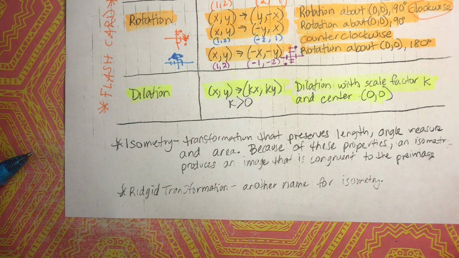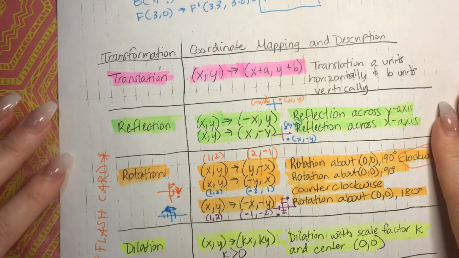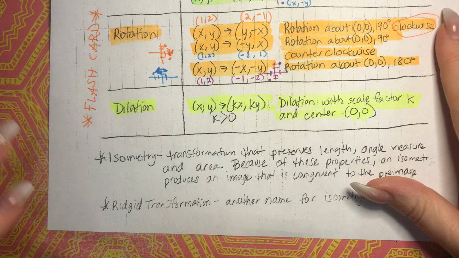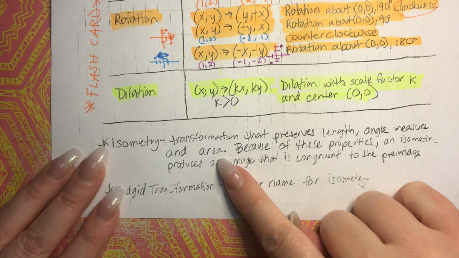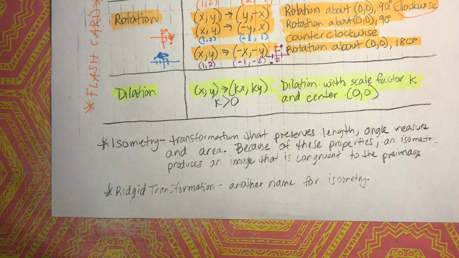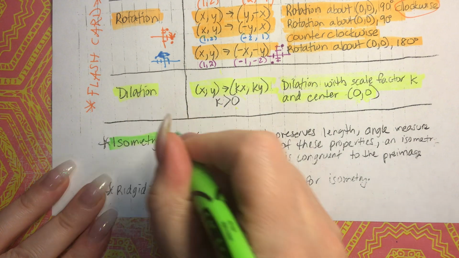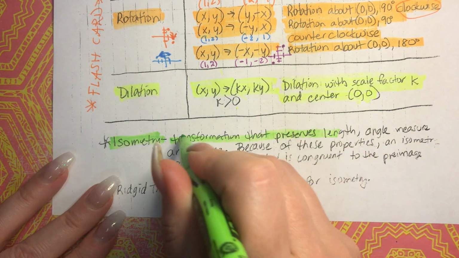So, more vocabulary. An isometry is a transformation, so that means one of these, that preserves length, angle measure, and area. So this is an isometry where the transformation preserves, that means it stays the same.